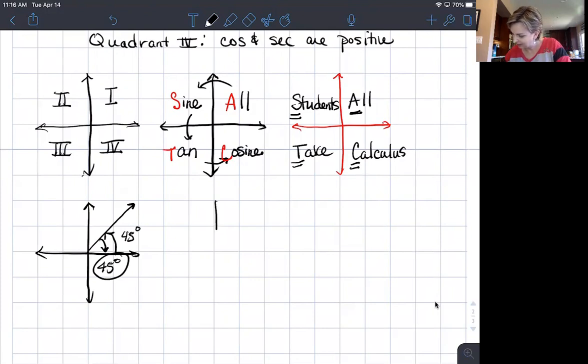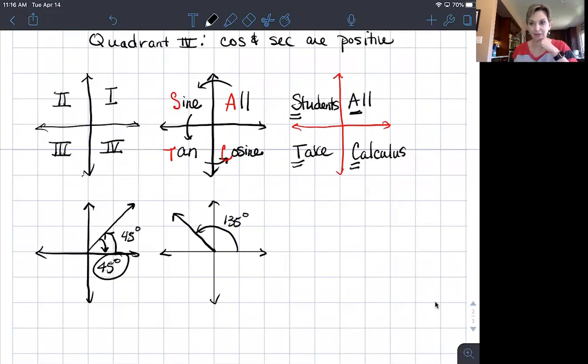Let's do one that's a little bit harder than that one. That one's pretty silly, actually. Let's say our angle is 135 degrees. What's the reference angle for 135 degrees? It's the smallest angle to get us to the x-axis.